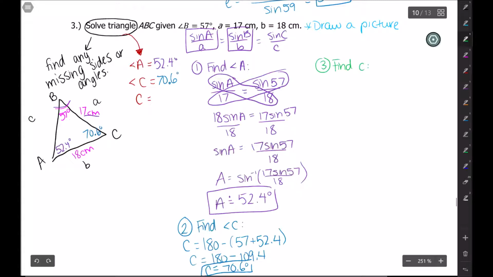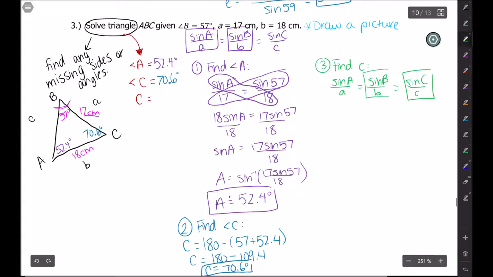Again, let's write out sine of A over A equals sine of B over B equals sine of C over C. We want to find C, so we need to use this part. We have both A's and both B's, so it's up to you what you want to use.